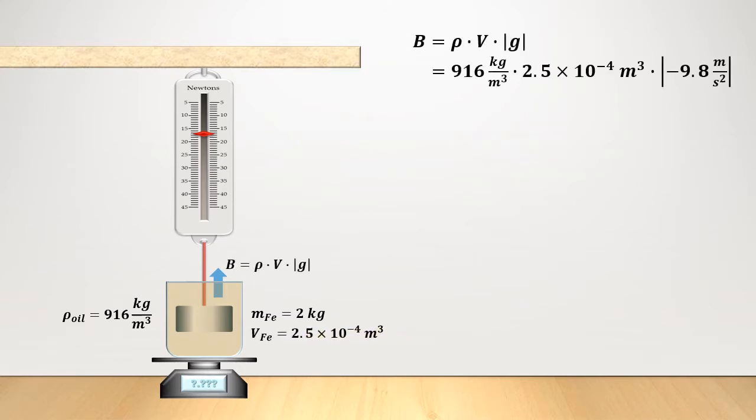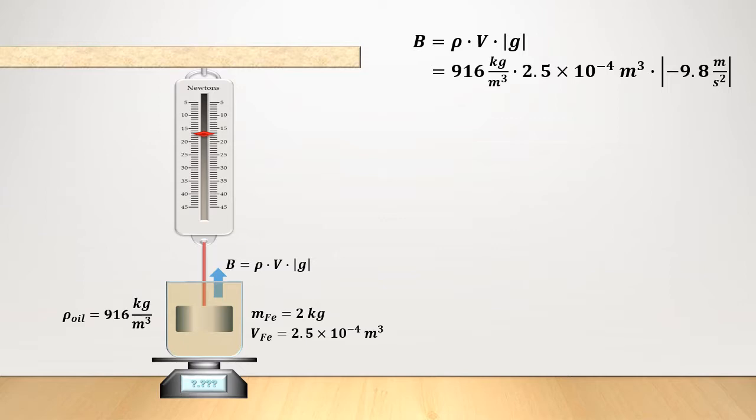So let's go ahead and calculate the buoyancy. We simply plug in the values of the density, which is 916 kilograms per cubic meter, the displaced volume, 2.5 times 10 to the negative fourth cubic meters, and the absolute value of negative 9.8 meters per second squared.